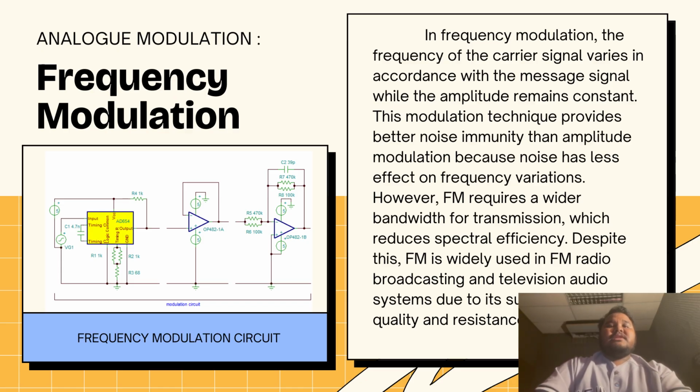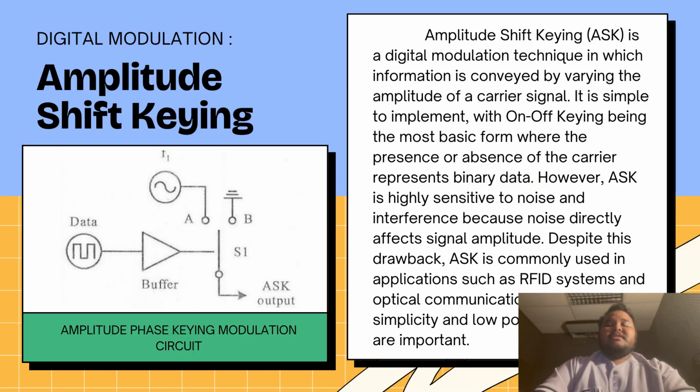Moving on to the digital modulation part, I am going to explain about the amplitude shift keying first, or also known as ASK. ASK is a digital modulation technique in which information is conveyed by varying the amplitude of the carrier signal.